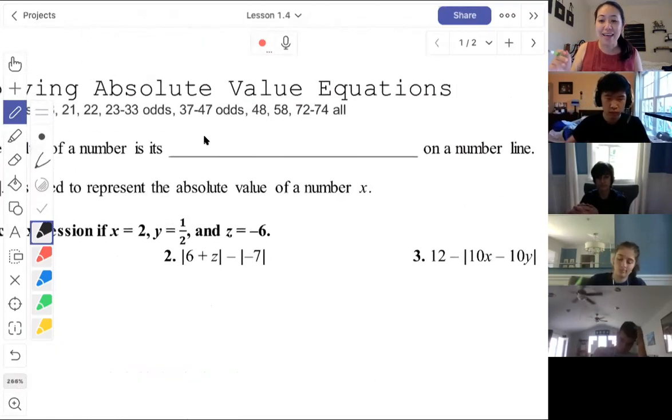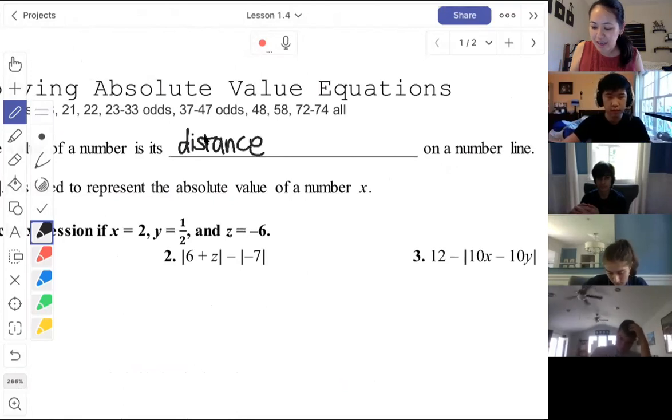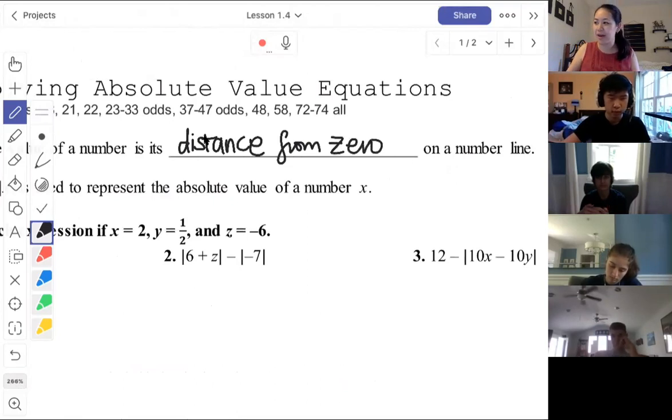All right, so that's why it's always positive, because when you measure distance, distance is always positive. But the actual definition is that the absolute value of a number is its distance from 0, or distance to 0, either way, on a number line.